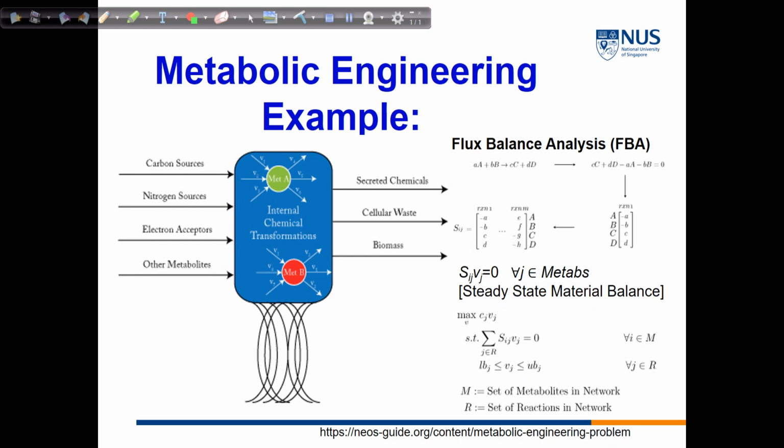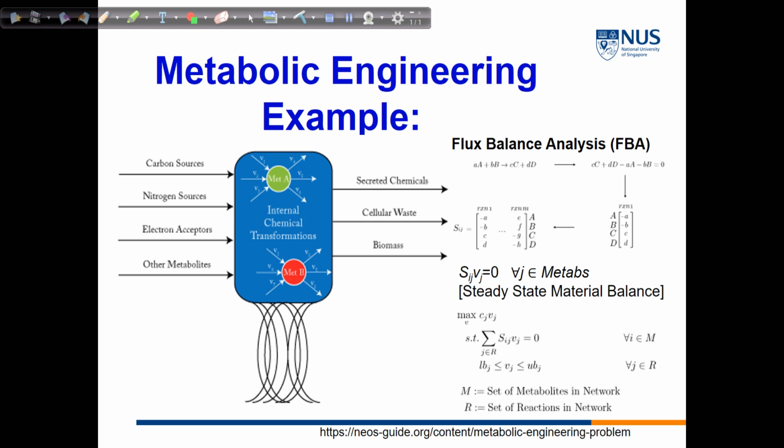We also have more relevant problems related to chemical and biomolecular engineering, for example. So this is quite a complex example. It's also from the NUS one case study on the optimization website. I put it here for metabolic engineering.